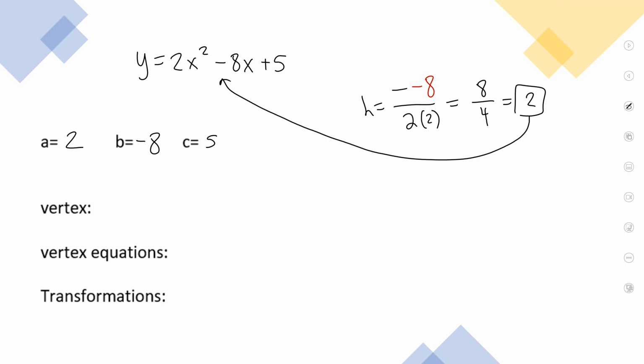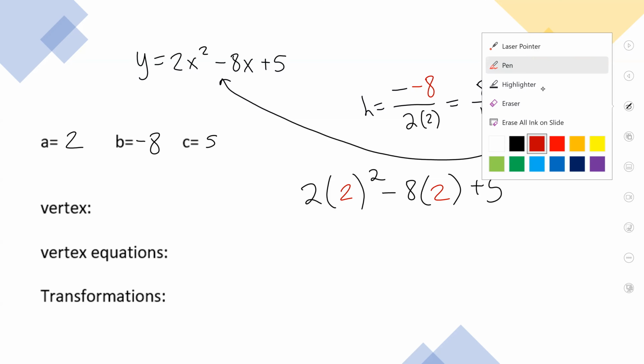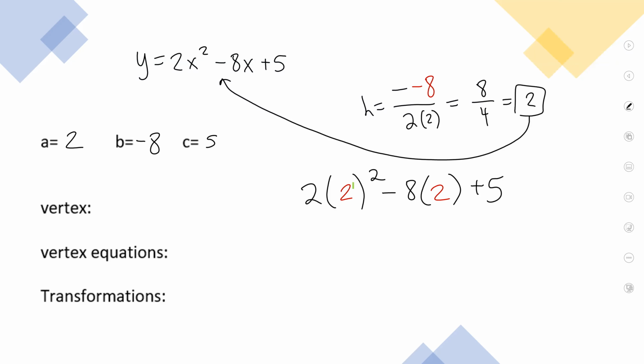You write the equation just as it looks. Instead of x's, put parentheses. Now we're going to put in a 2 this time. I see a lot of people make this mistake. A lot of people have been doing 2 times 2 first. You do not multiply first. That's wrong.